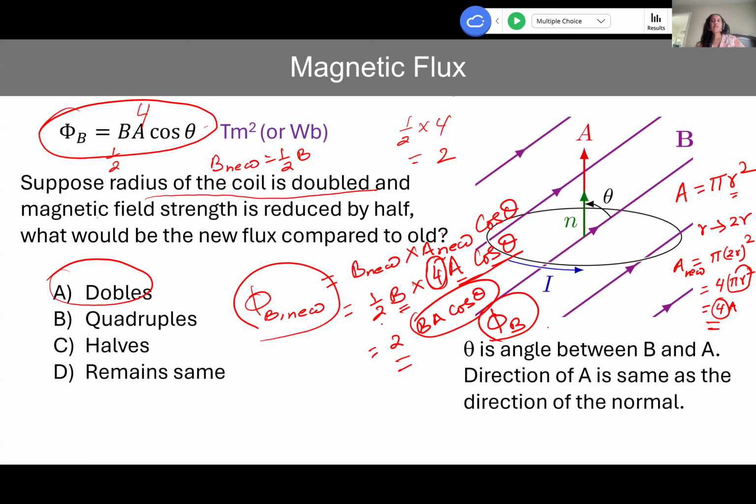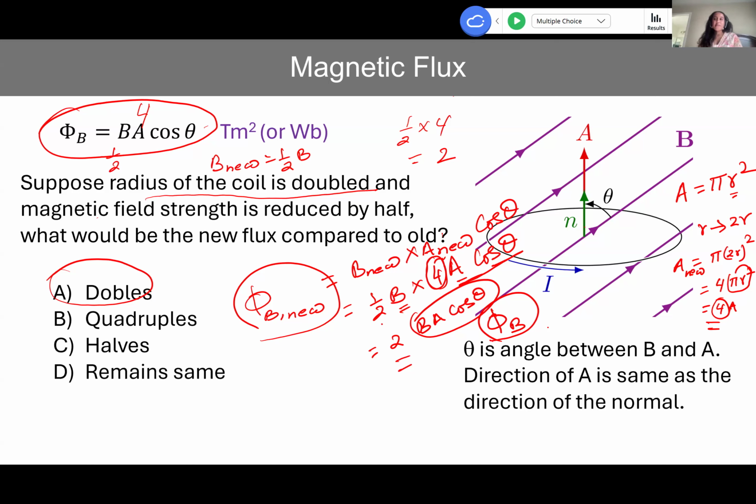I have a question. Yeah. I solved this conceptually. Would that still work for other examples? So you solved it conceptually, but what concept you used, you did not share with me, so I cannot say whether your concept is going to work or not. The way I was thinking about it is that it's a direct relationship, and when we increase area, then more magnetic field is going to go through.